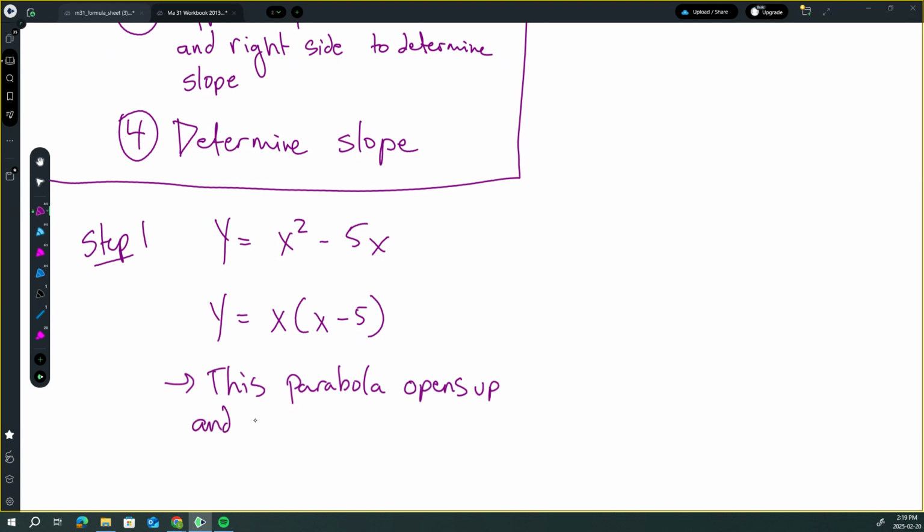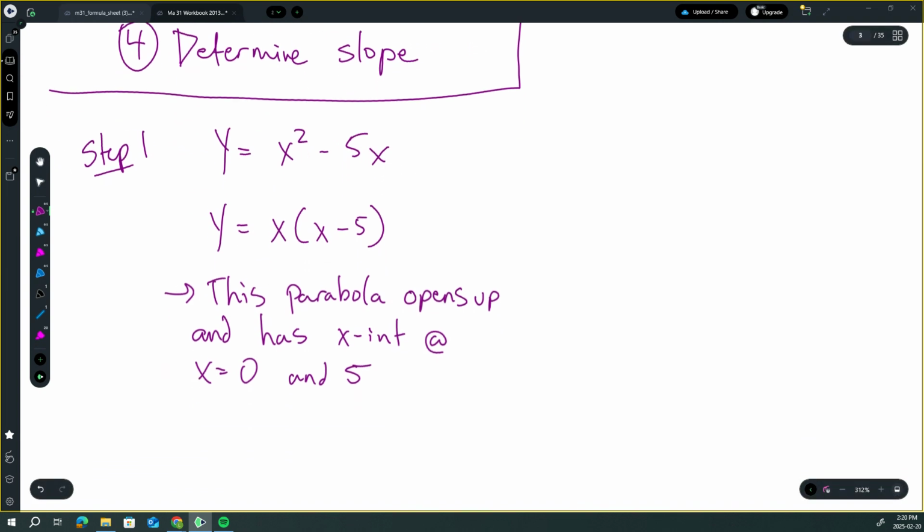And the x-intercepts are at x equals 0 and positive 5.